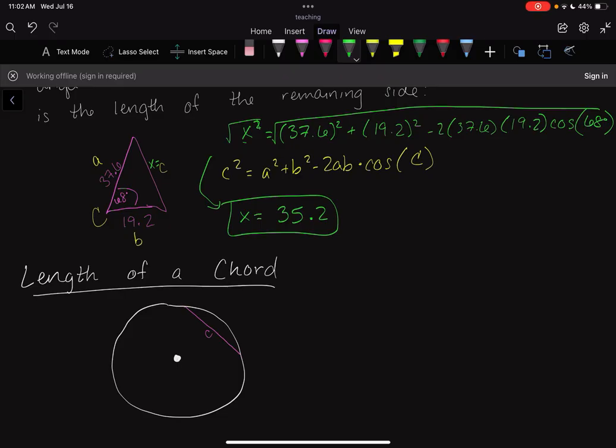So if I have this information, I can also remember that I have a radius. So I can draw a line from the center to each of these points on the outside. And I'm going to call that R. Those are my radius. And then I can have this angle on the inside, which I'm going to just call C since it's across from C. And that's going to be my central angle.